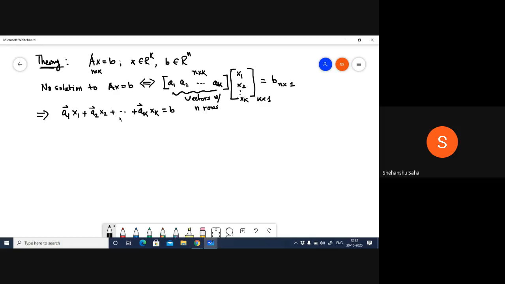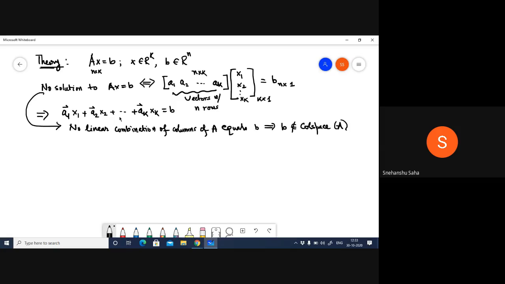If there is no solution, then no linear combination of columns of A equals B. This implies that B does not belong to the column space of A. Clearly, therefore, there does not exist an exact X such that Ax equals B.